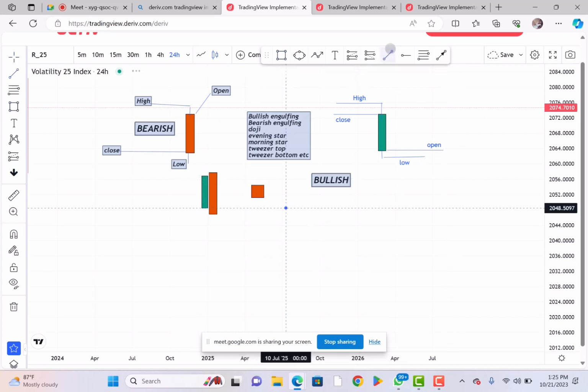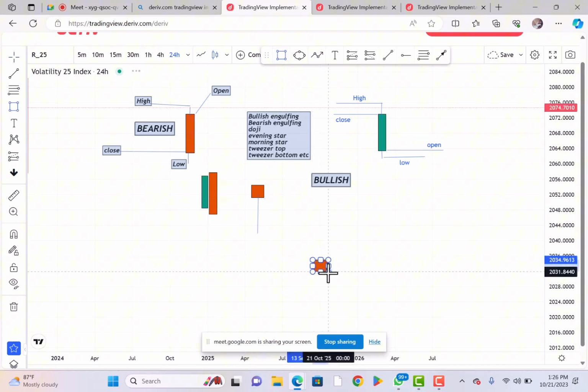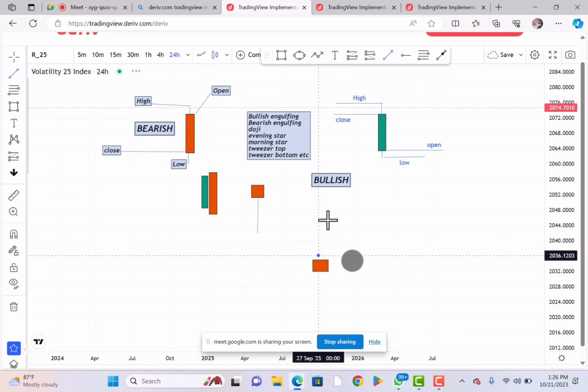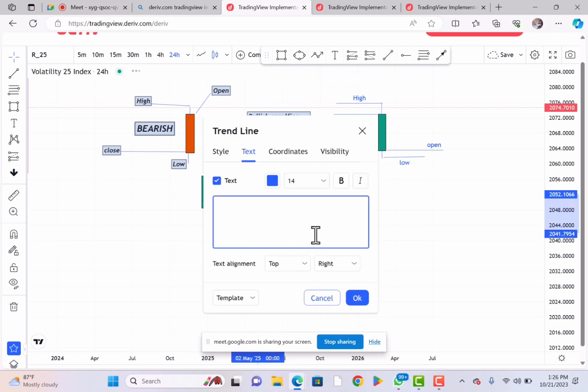You see something that looks like this with a very long wick, or you see it in this format. So this is what we call a hammer.